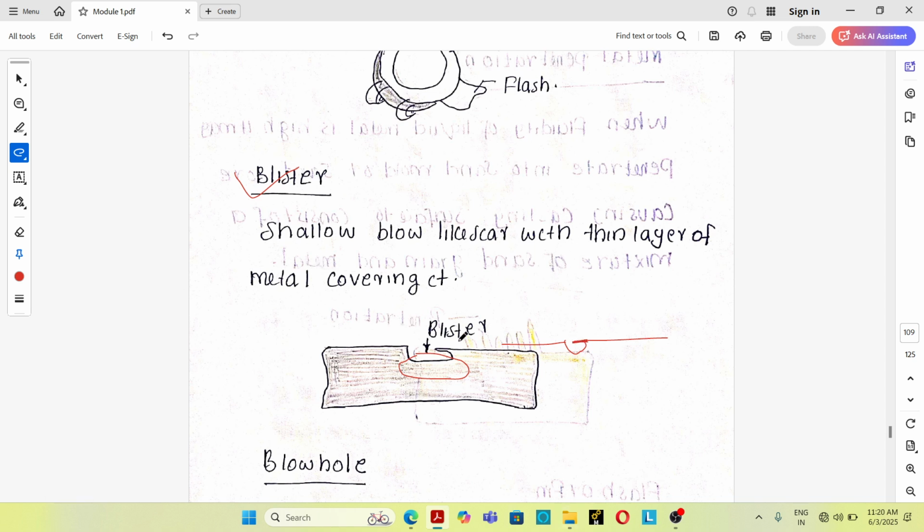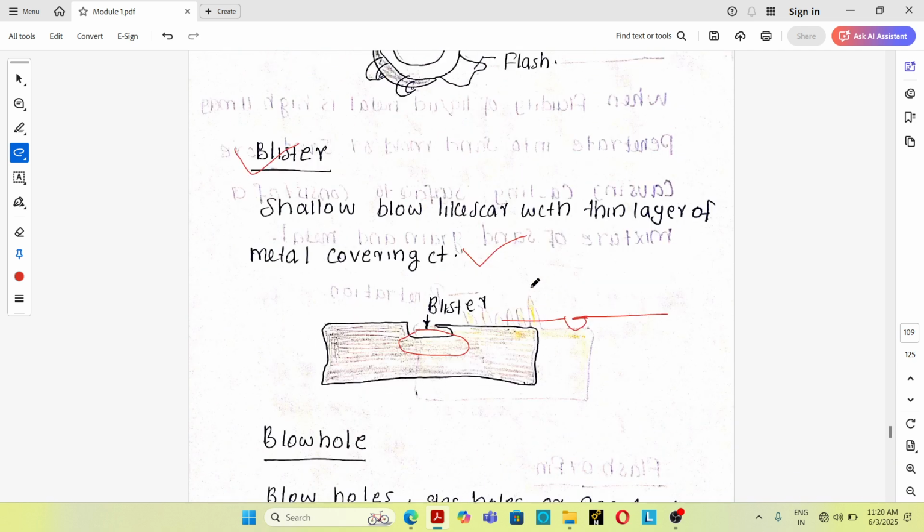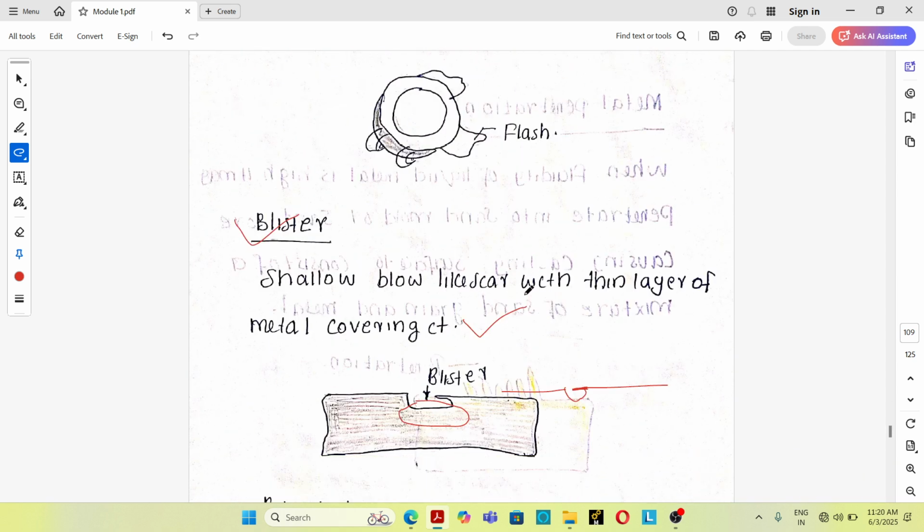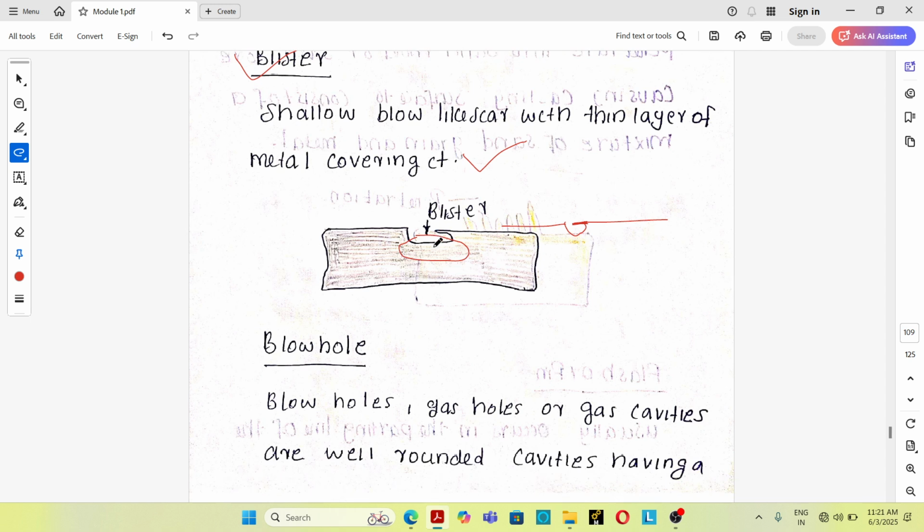You can see this. So these are the surface defects. We have 7 classifications of surface defects: blow, scar, scrap, drop or crush, penetration, flash or fin, and blister.